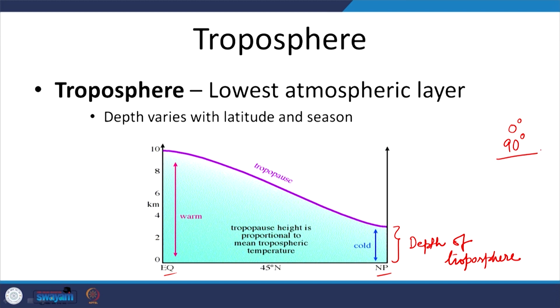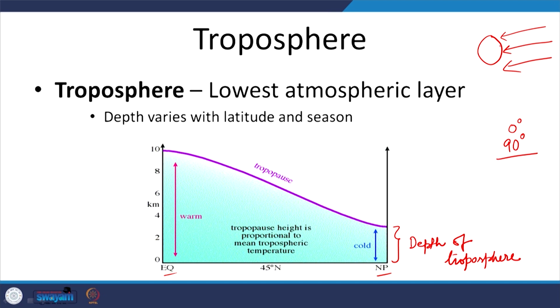Now, the equator has the highest depth of troposphere. That is because of the geometry in which the sun and earth system exist. So, this is how the radiation is received on the earth. Let us say the sun is to the right.